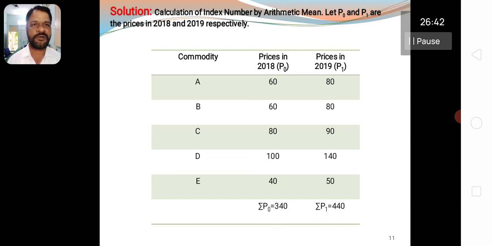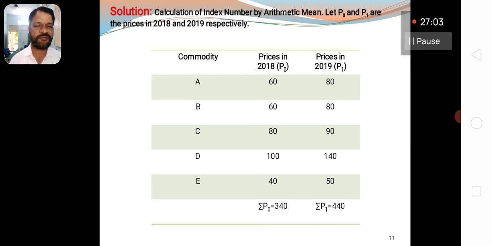The total of 2018, sigma P0, comes to 340, and the sum for 2019 comes to 440. The 2018 prices are denoted by sigma P0, and the 2019 prices by sigma P1.